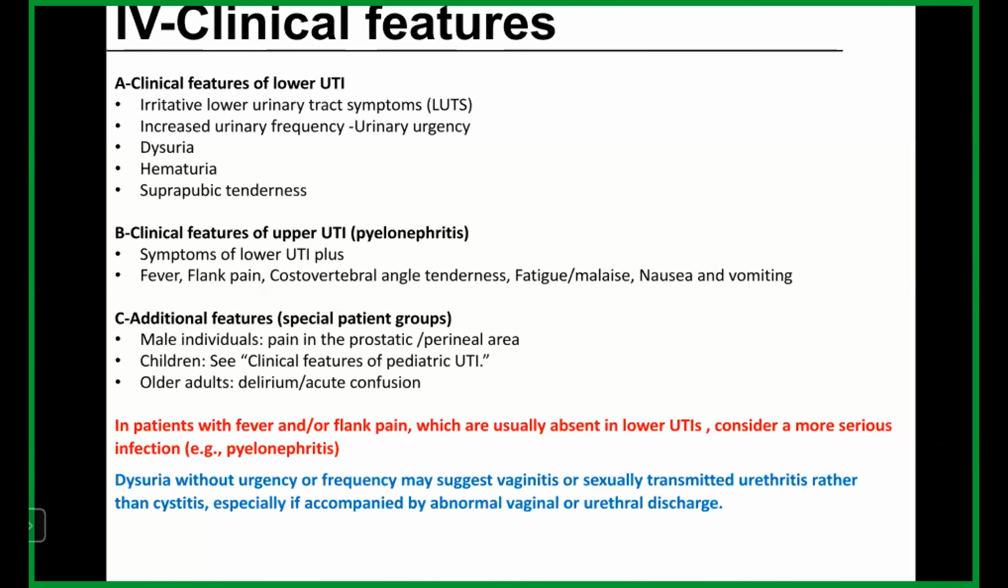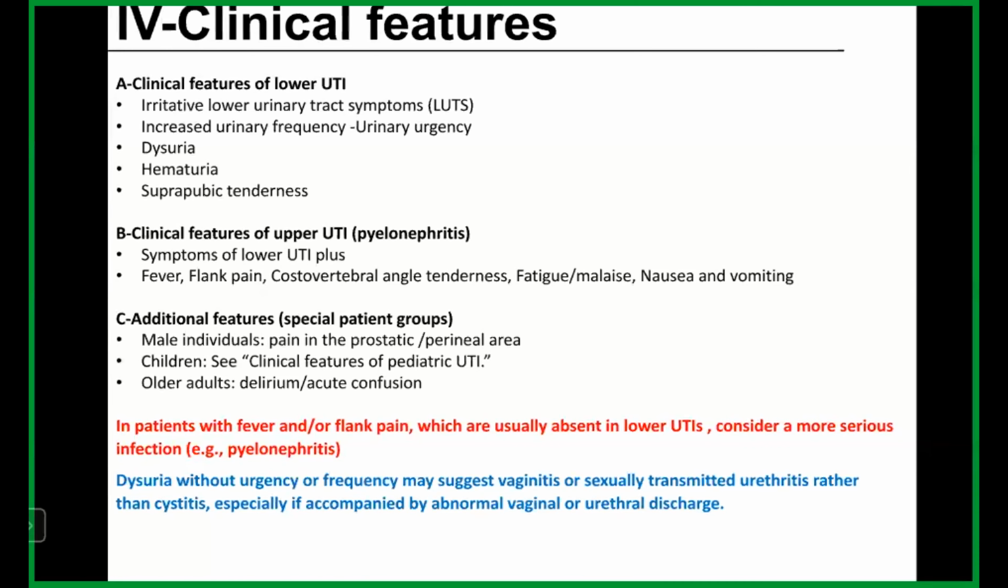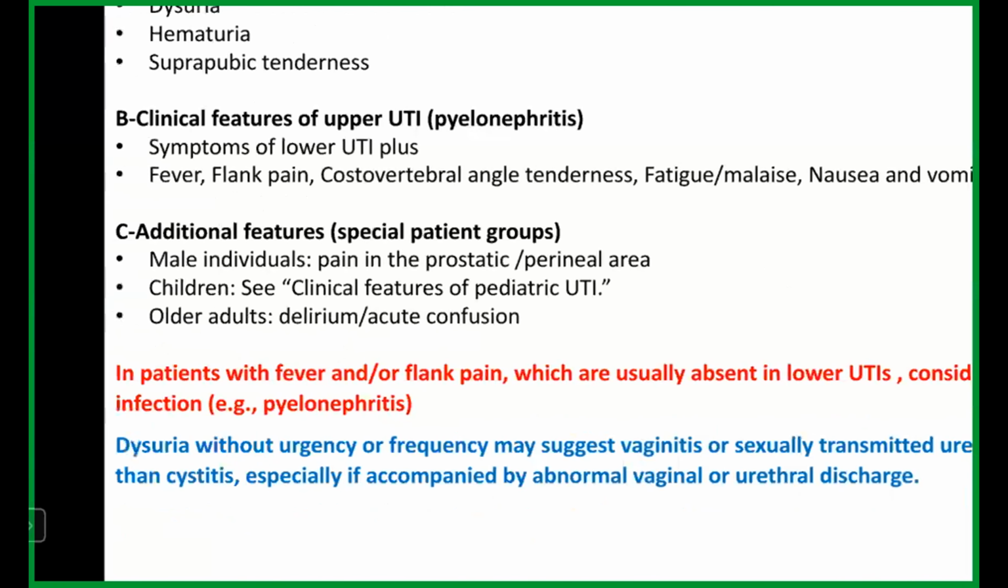We could also have some other signs, like in men, the pain is in the prostatic or perianal area. Children, we don't have time to develop it here. They cry a lot and cannot stop crying, and when we touch the abdomen, they have a big pain.